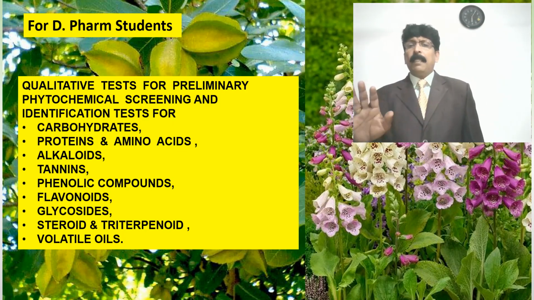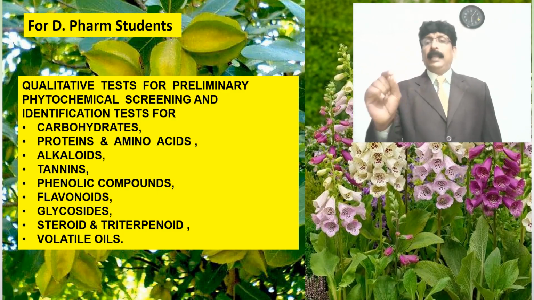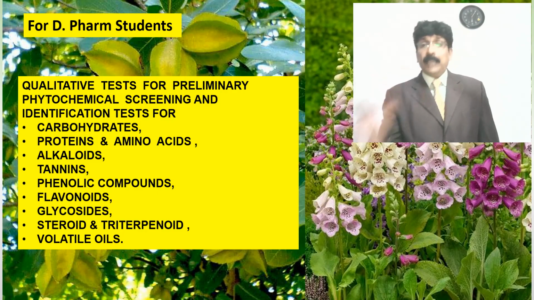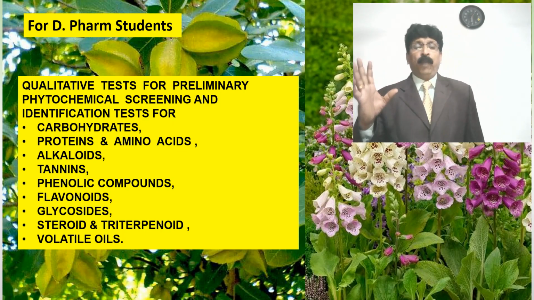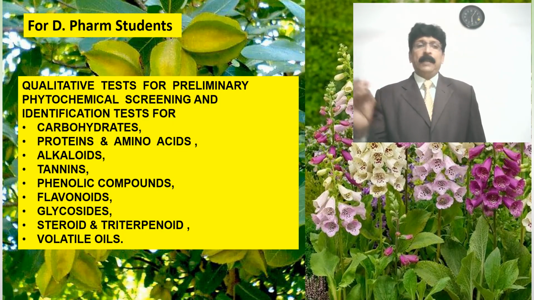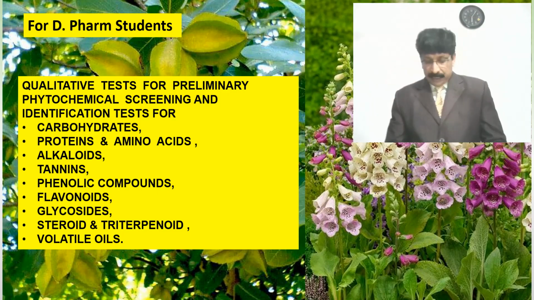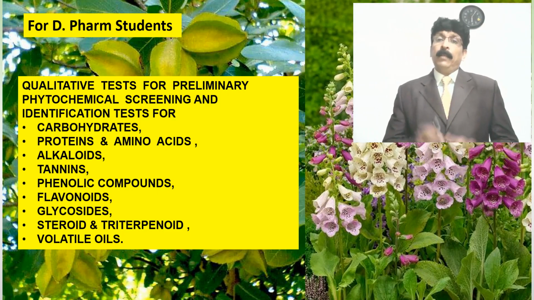I have given almost all the test details: what is carbohydrate, protein, alkaloid, tannin, phenolic compounds, flavonoids, glycosides and their slight types, and the chemical tests, so it will be easy for you to write.